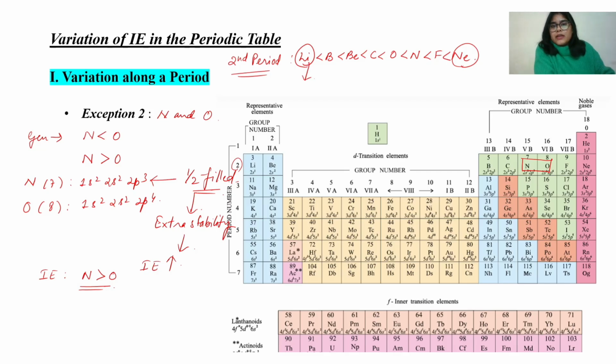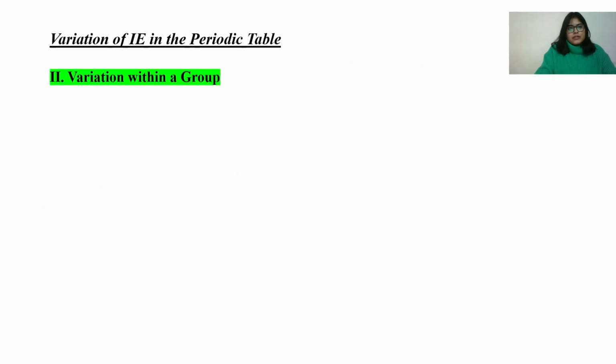So this is an alkali metal, that's why highly reactive, and this would be mostly chemically inert. So exceptions are these two. All right. Now let's move on to the next section, that is variation within a group.